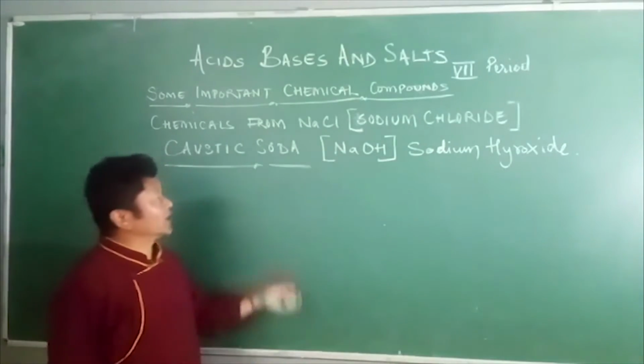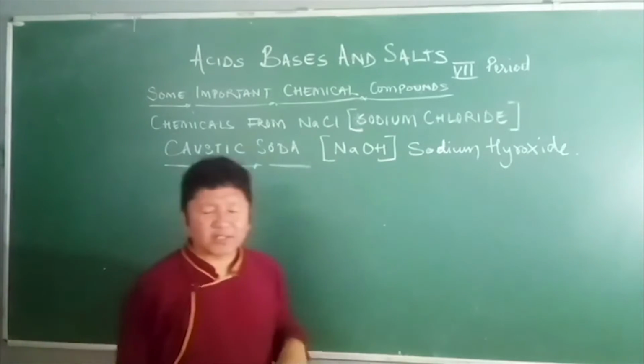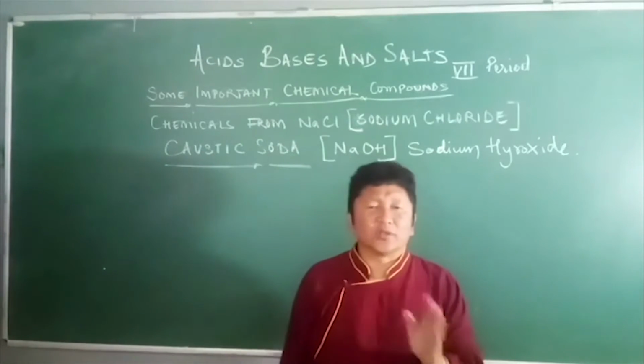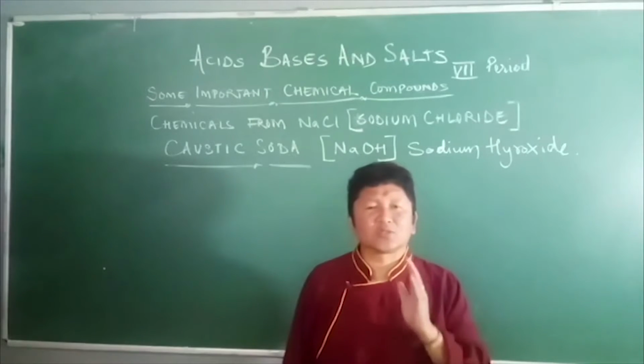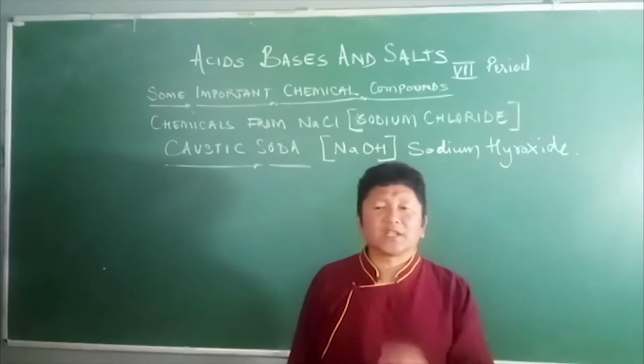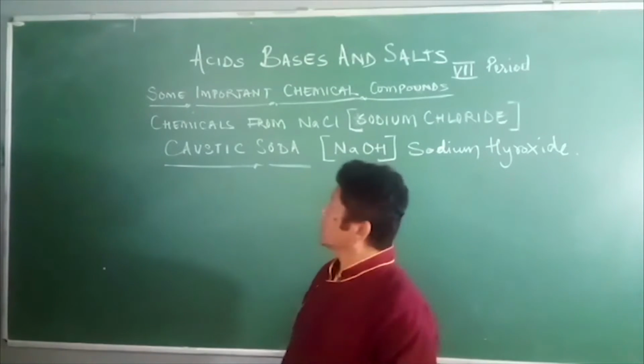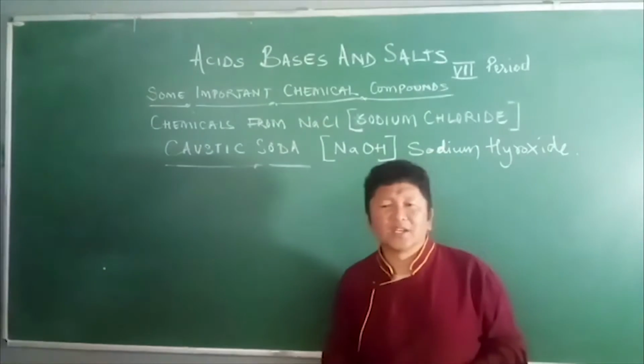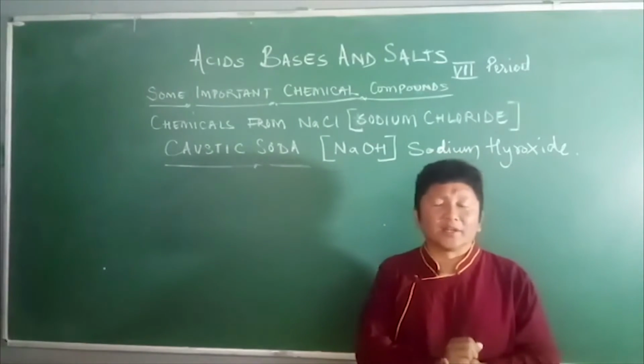Caustic soda is obtained from sodium chloride.